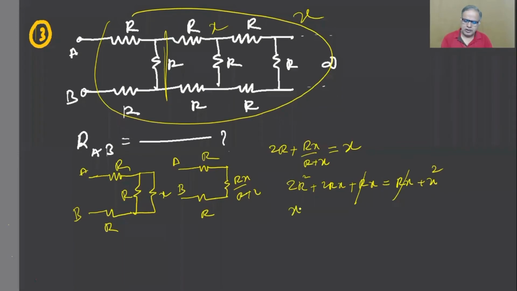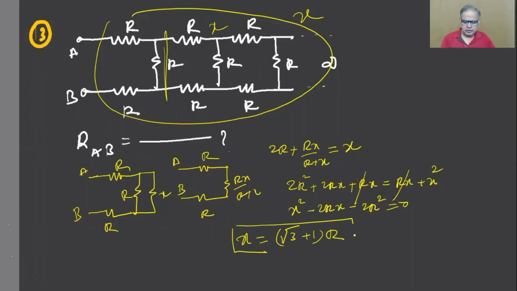So you get X square minus 2Rx minus 2R square equals 0. So minus B plus or minus root B square minus 4AC by 2A. If you do, what are you ending up with? X equals root 3 plus 1 into R. So this is going to be the answer.